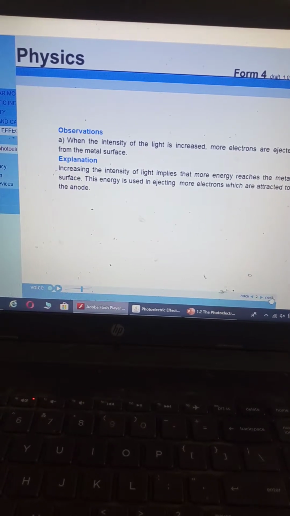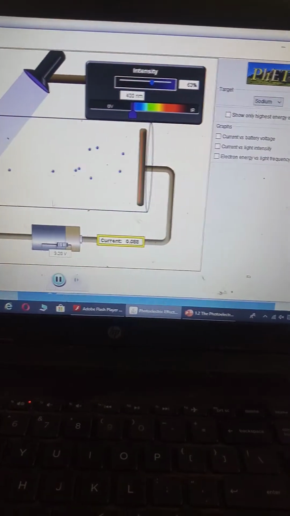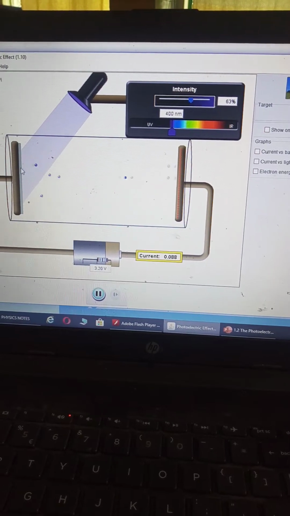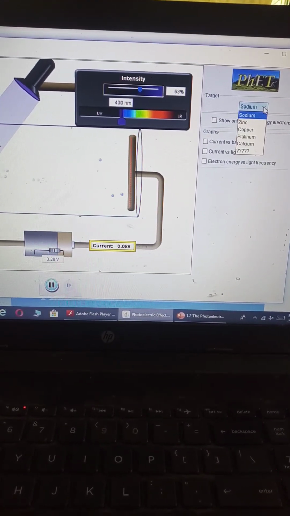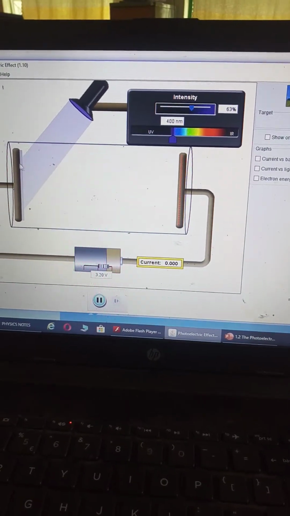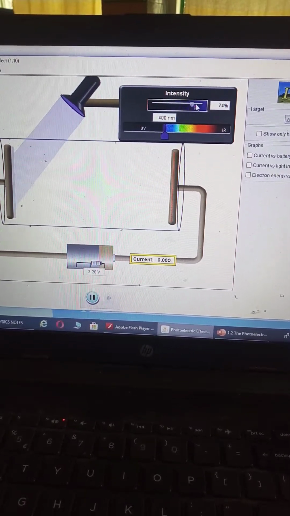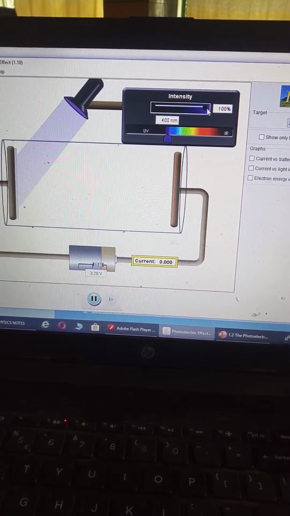Move to the second factor. If we use different metal surfaces, like for example, this is sodium, and I change it to zinc, no electrons are ejected. Even if I increase the intensity to the maximum, no electrons are ejected.